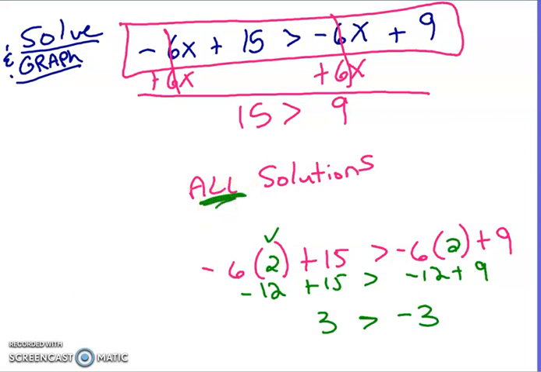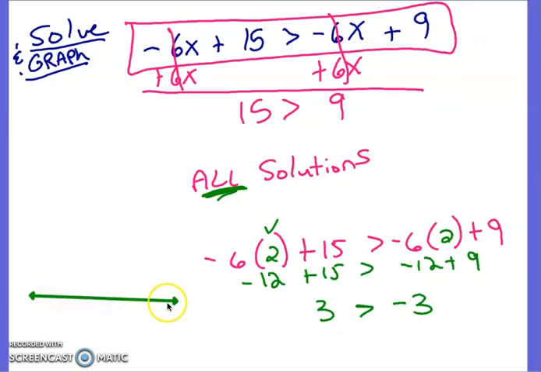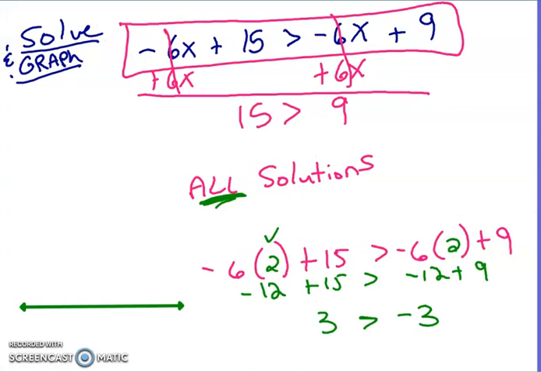Now, how do we actually graph that on a number line? So, how do you graph every single number on a number line? Well, again, if this was 0, there's 2 ways to do this. You could simply just darken the entire number line. And that's one way to do it.